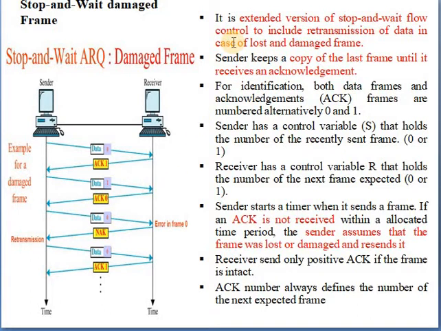Stop and wait ARQ is an extended version of stop and wait flow control. This is the stop and wait ARQ technique. It is an extended version of stop and wait flow control because here we assign sequence numbers to data as well as acknowledgements, and the sender is equipped with a timer that starts every time a data frame is transmitted.